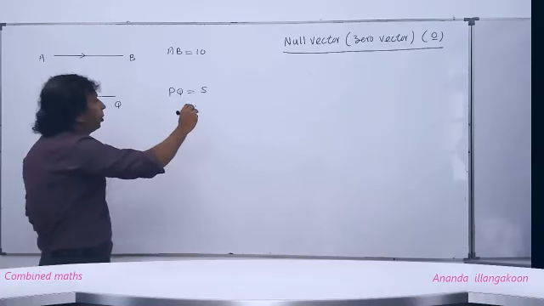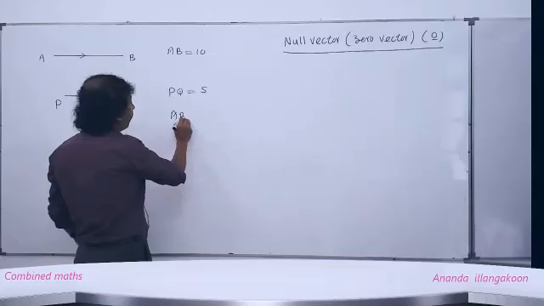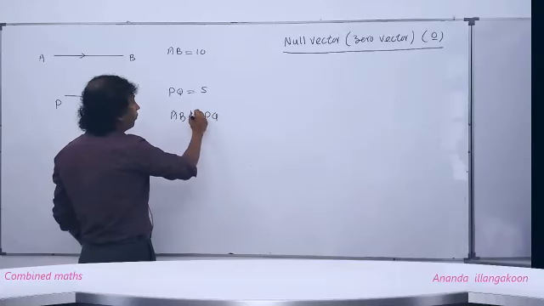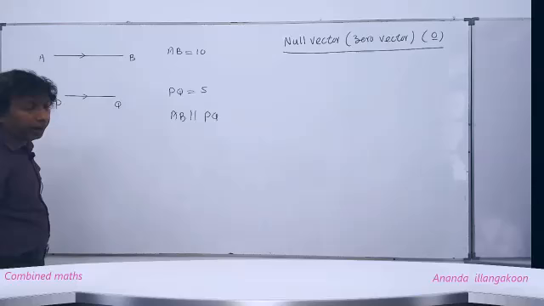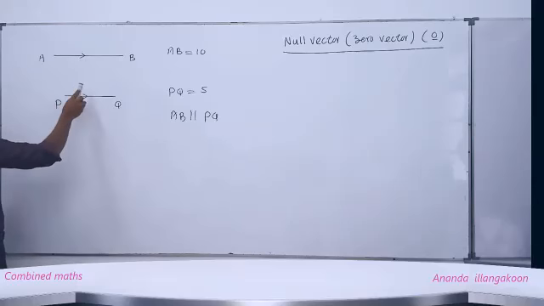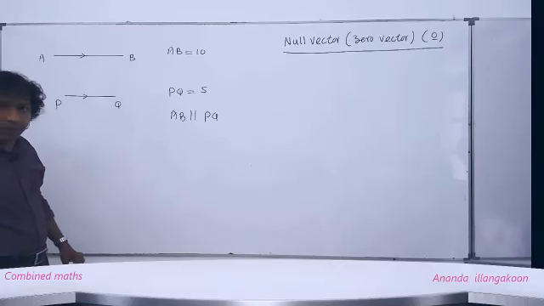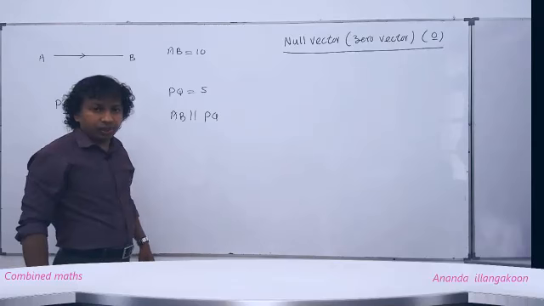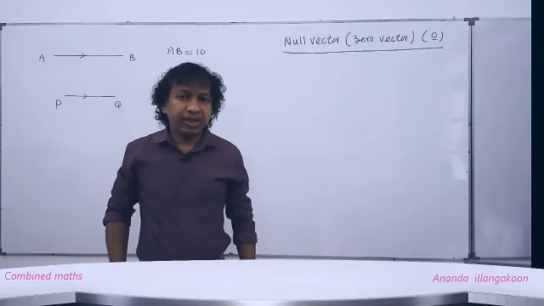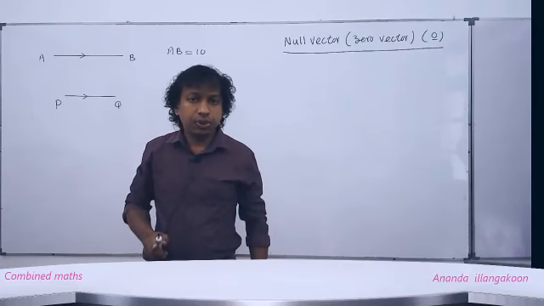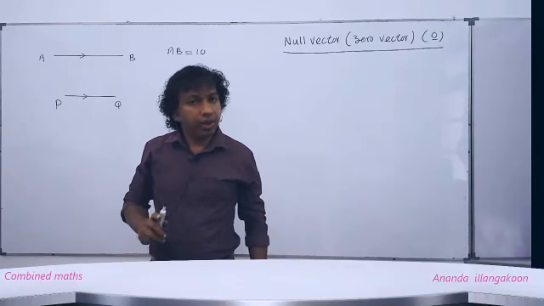Suppose PQ and AB are parallel, AB parallel to PQ, and the directed directions are also the same. Then between this AB and PQ, we can establish two equal vectors.